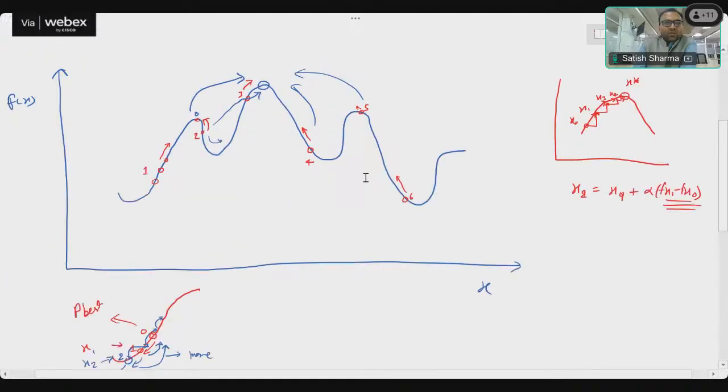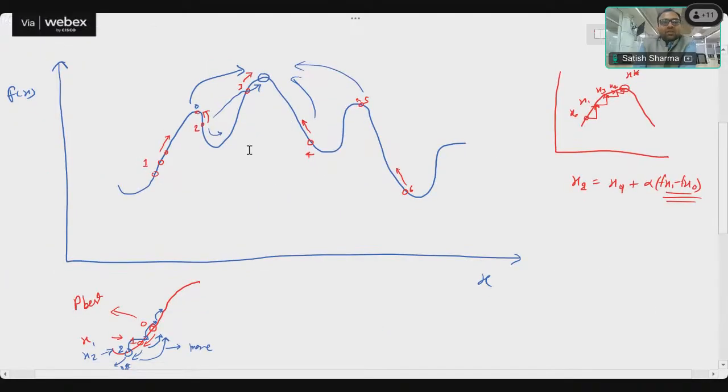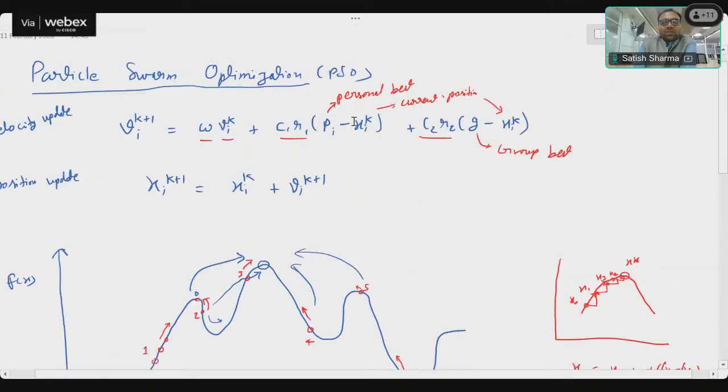Okay, so just like in this particular example, the impact of the personal best or g best should not affect my solution initially.